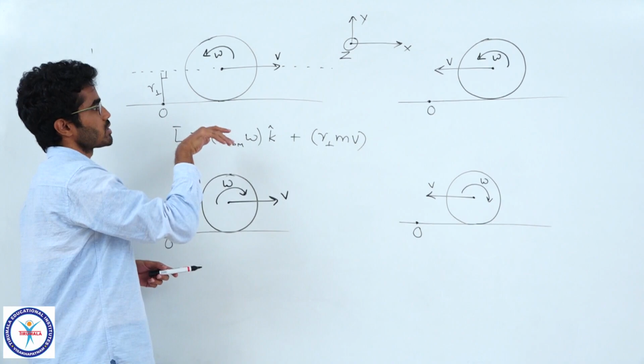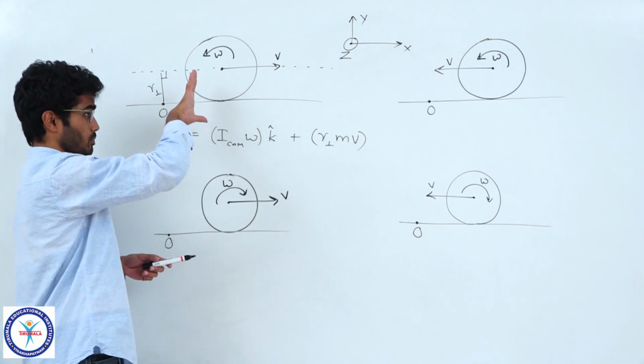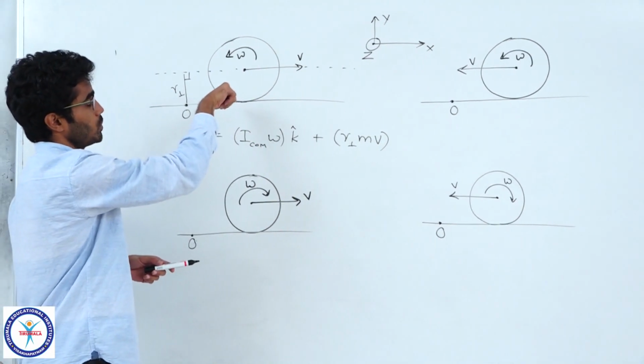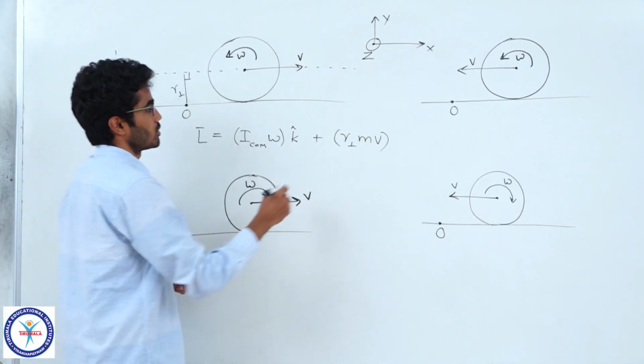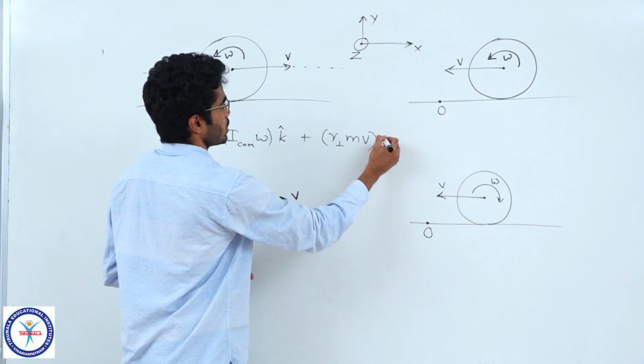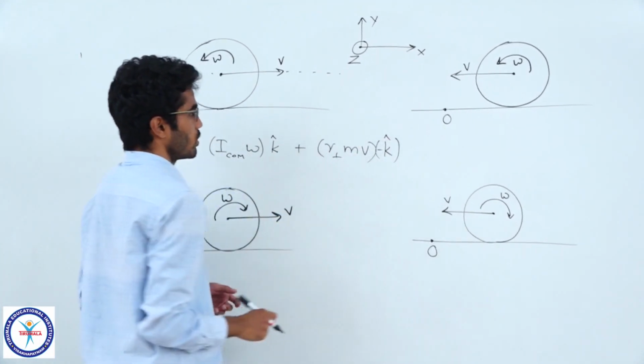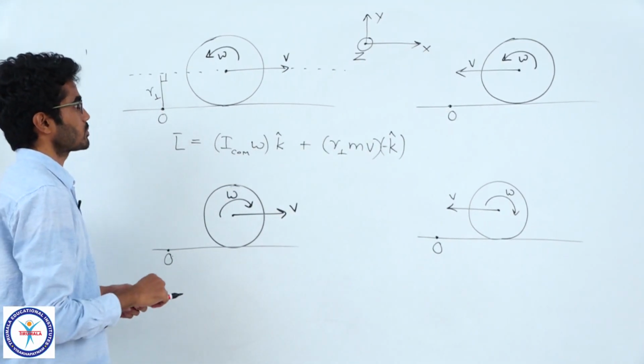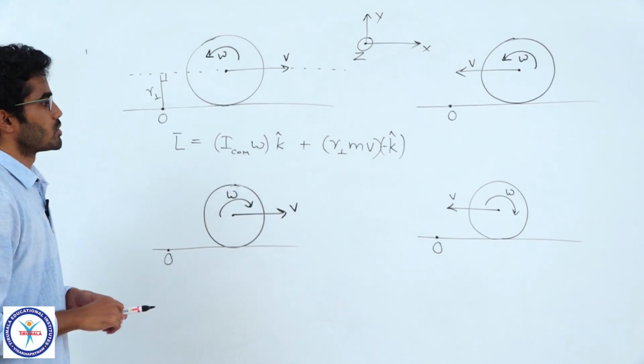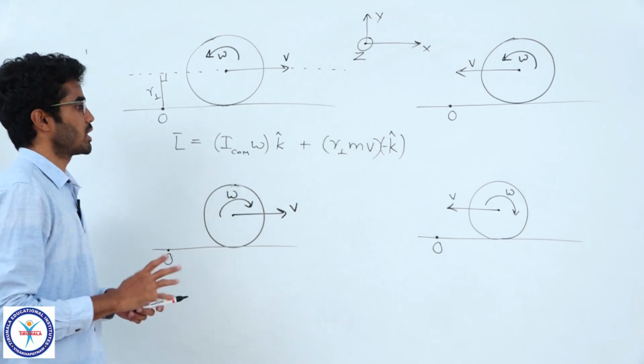The direction of r cross p is inward. The cross product of these 2 vectors is a vector that is pointing inwards. So, it will be minus k cap. So, this is how you write the angular momentum expression correctly.